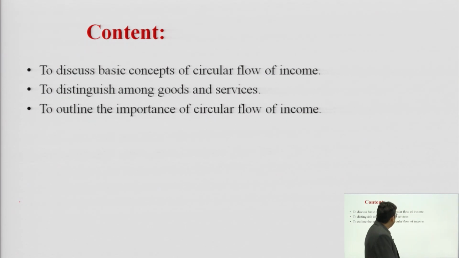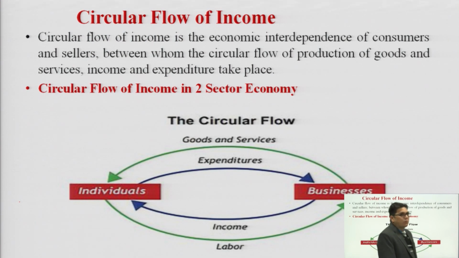We need to first understand the concept of the circular flow of income. Circular flow of income is the economic interdependence of consumers and sellers, between whom the circular flow of production of goods and services, income and expenditure take place.